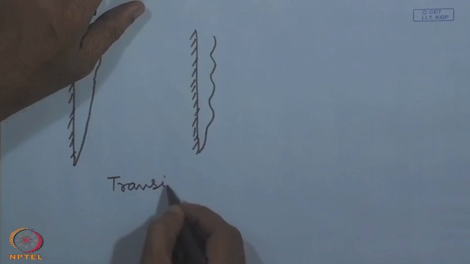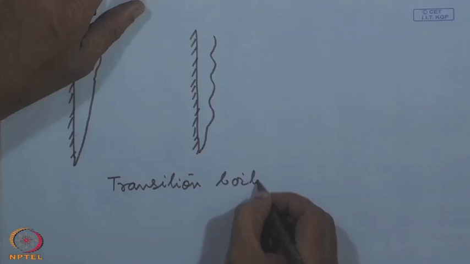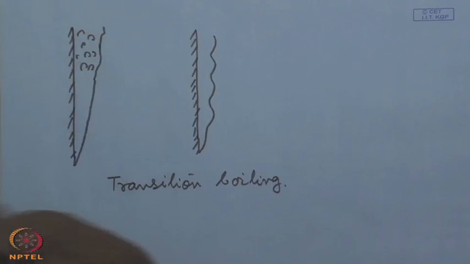The last thing which I would like to tell is that in between nucleate boiling and film boiling there is another regime of boiling, called transition boiling. Our success rate in estimating, relating and explaining transition boiling is the minimum.